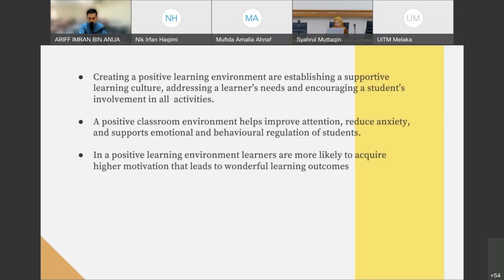In such a situation, the situation will help improve students' attention and then reduce anxiety and also support emotional and behavioral regulation of the students. Yeah. And then the students will be more likely to acquire higher motivation that leads to wonderful learning outcomes.